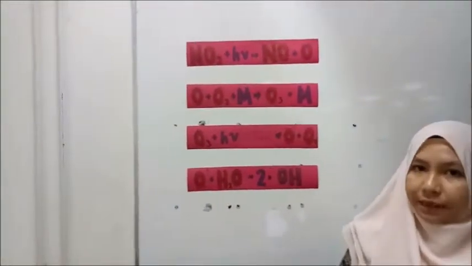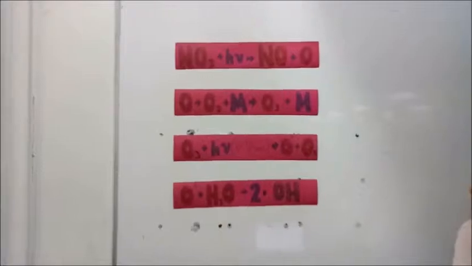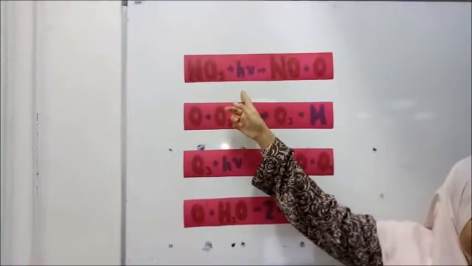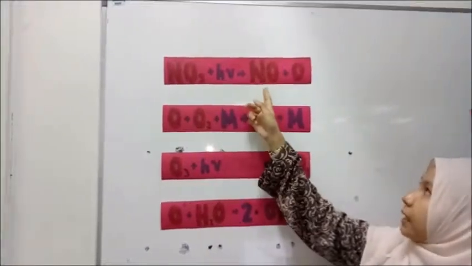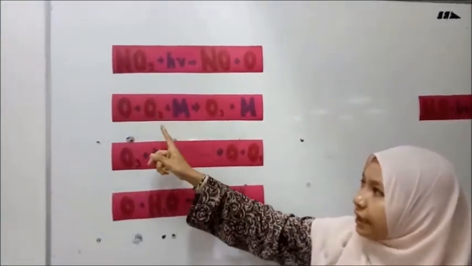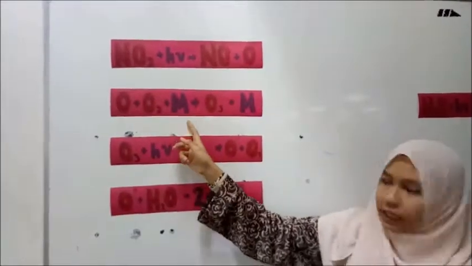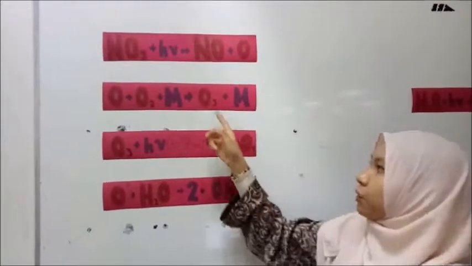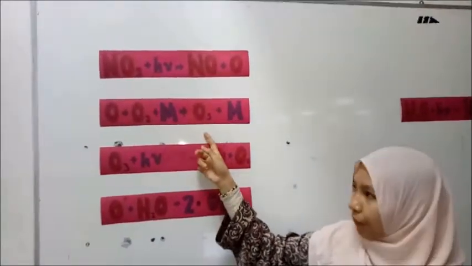2 photochemical steps. Firstly, nitrogen dioxide will absorb sunlight to produce nitrogen monoxide and an oxygen atom. Later, the oxygen atom will react with oxygen gas and a third body, for example N2 or O2, to produce O3, or what we call ozone.